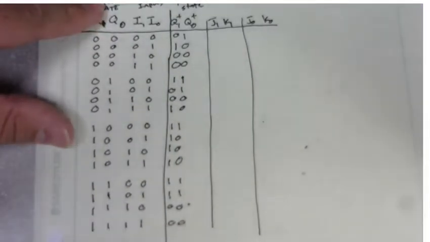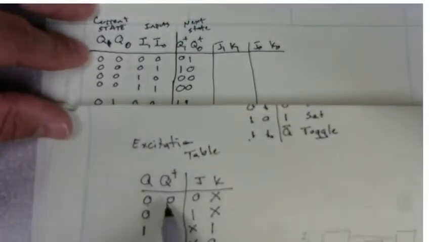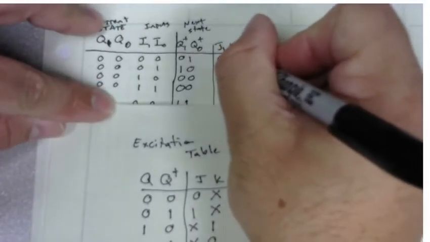And that's going to relate to my Q0 here and here. All right. So first off, I say for my Q1, if I have a 0 and I want a 0, I'm going to look at my excitation table and I'm going to say, well, if I have a 0 and I want a 0, then my inputs are going to be 0x.